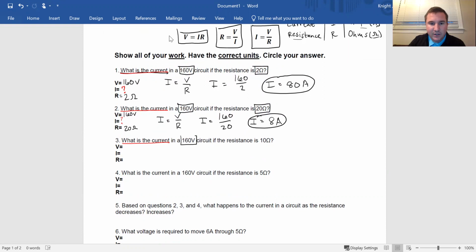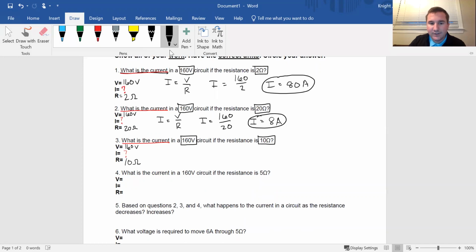160 volts again. Resistance of 10 this time. So voltage is 160. Resistance is 10 ohms. Current is what we're looking for again. And we get the same equation.